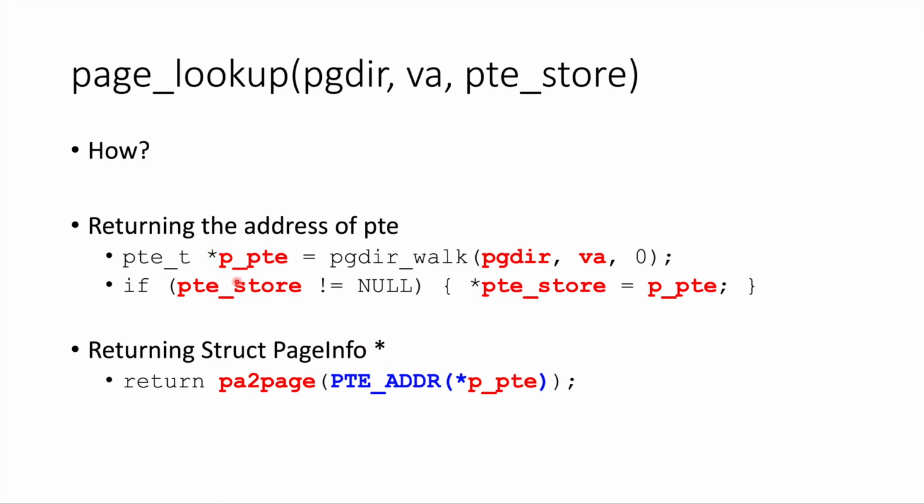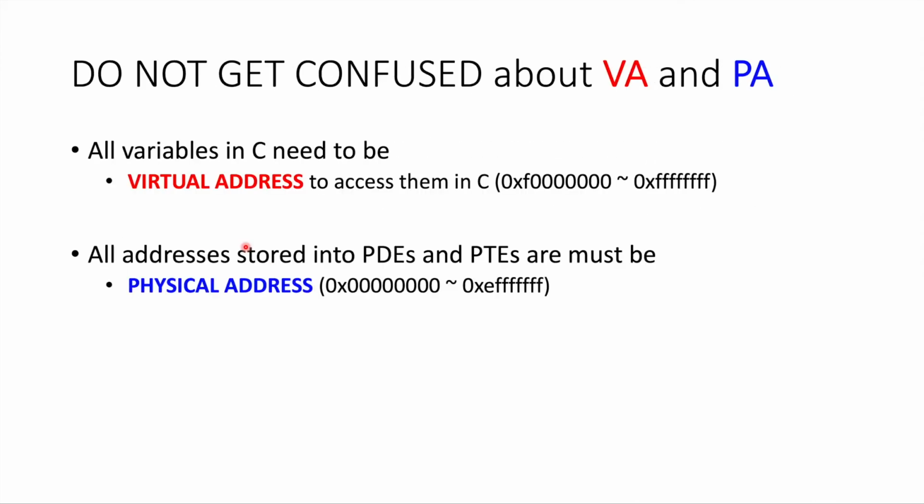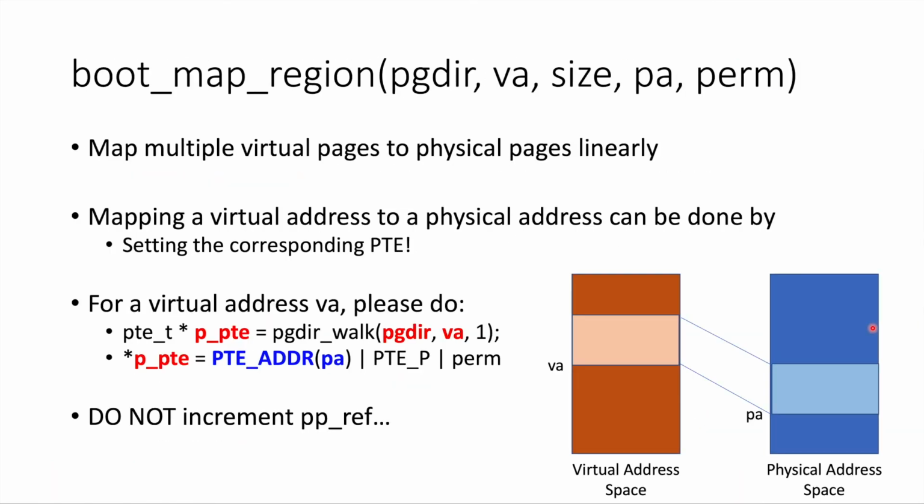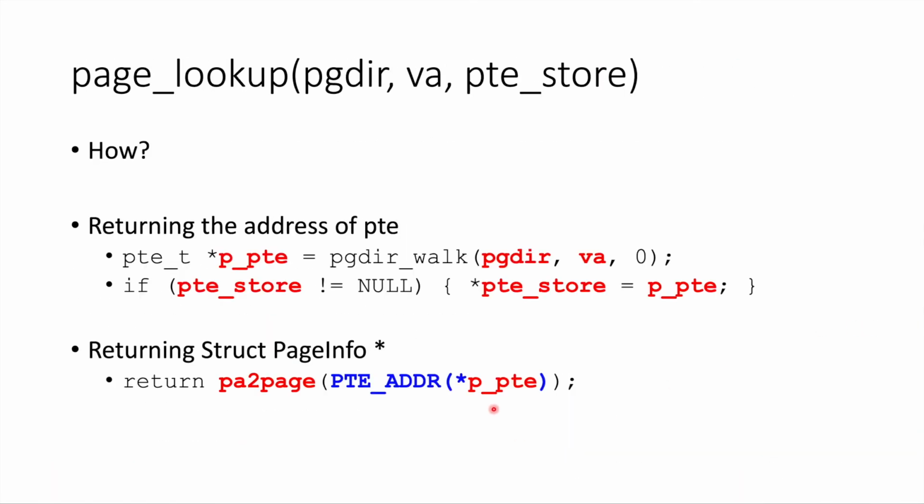After retrieving the page table entry, if you take a look at it, the page table entry looks like this, and if you take this PPN, then you can get the physical address of the mapped memory. So after getting the physical address, you can run PA to page to get the corresponding page pointer from this physical address.